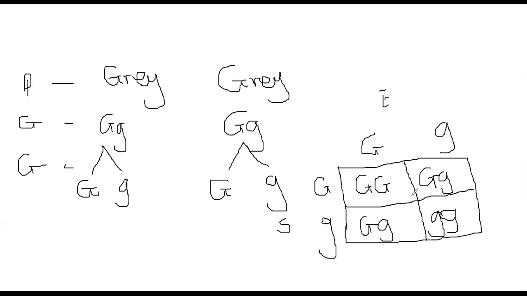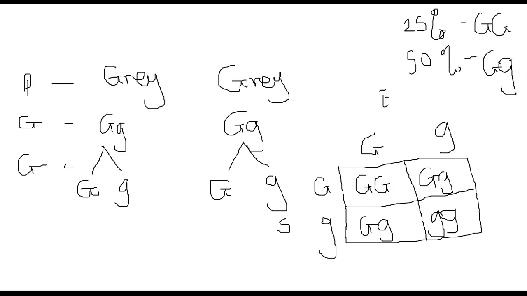So according to this, remember, each square here would represent 25%, right? Because 25 by 4 is 100. So you will have a 25% chance of having an offspring that is homozygous for gray, capital G, but you have a 50% chance of producing an offspring that is predominantly gray, yes, but heterozygous.